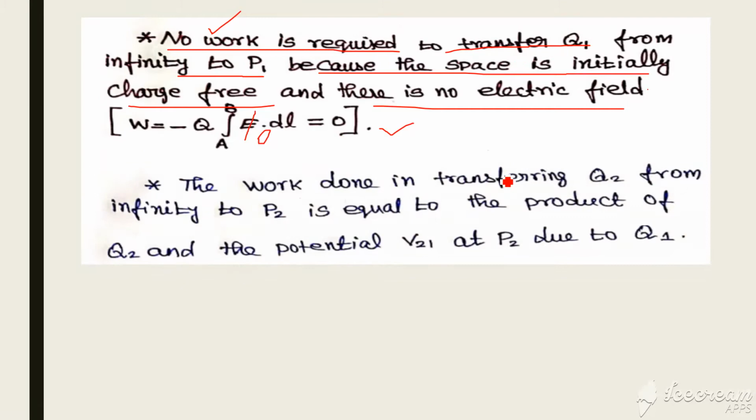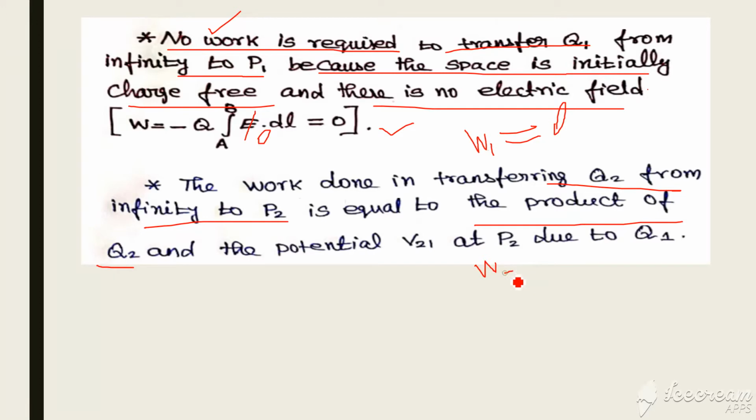The work done in transferring Q2 from infinity to P2 is equal to the product of Q2 and the potential V21 at P2 due to Q1. For W2 we assume W1 is equal to 0.